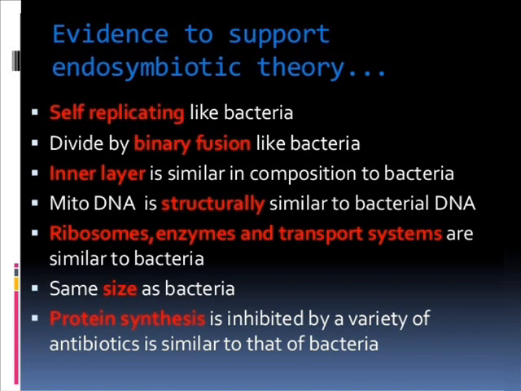The DNA present in the mitochondria is structurally similar to the DNA seen in bacteria. The ribosomes, enzymes and transport systems are also similar to bacteria. The size of the mitochondria is also the same as that of bacteria. And the most important feature is that the protein synthesis carried out within the mitochondria is inhibited by the antibiotics which also inhibit the protein synthesis within bacteria.